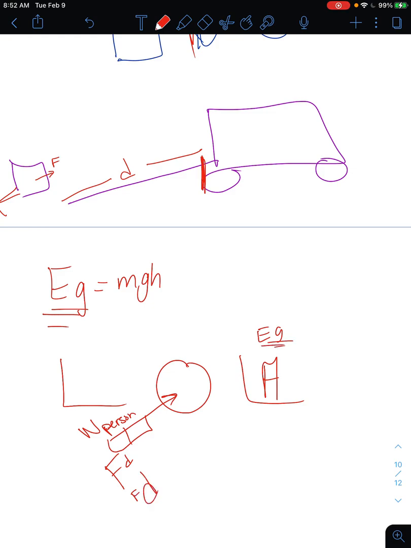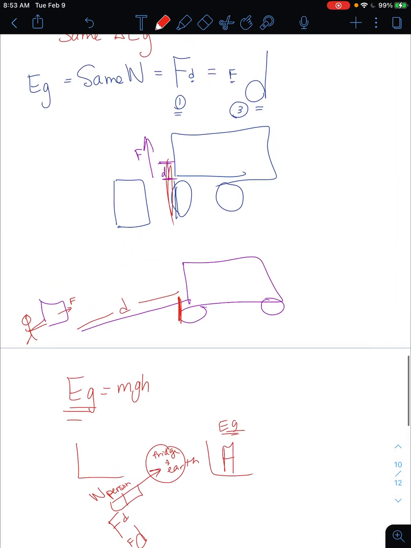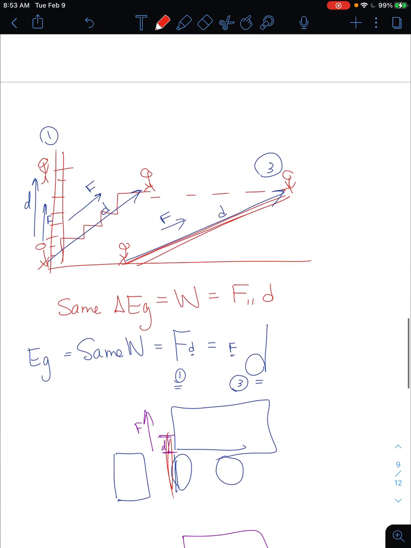Either way, the refrigerator has to gain that same gravitational energy as a result.